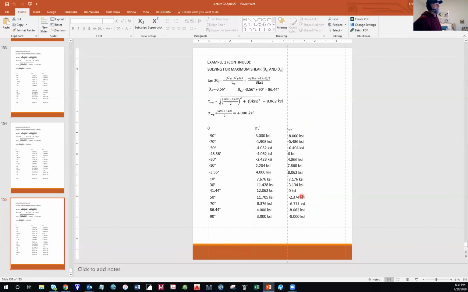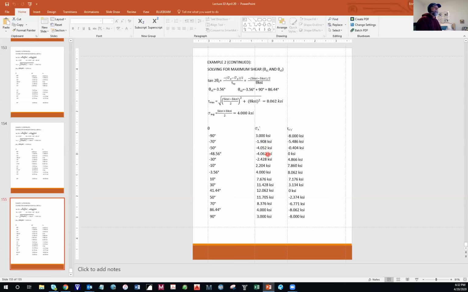Okay, so let's think of some materials. Let's think of a material like concrete. Let's say that concrete is really good at compression, but really lousy at tension. So you may have a concrete element rotated in such a way that you have virtually no tension, and you only have compression and shear.